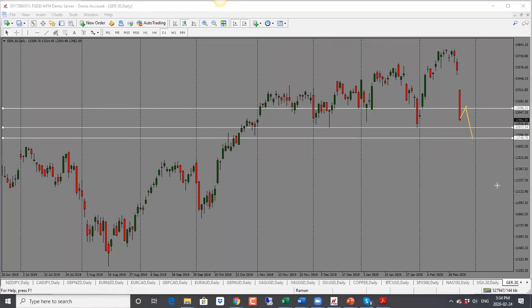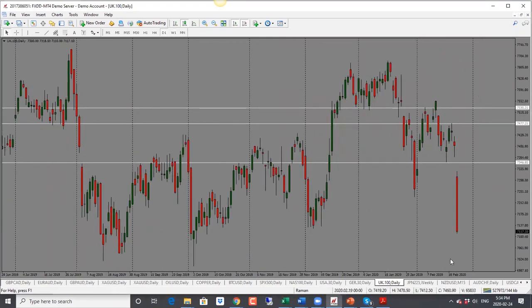So this is the move I would expect. Same thing here, if it goes through this 13,000 level, then chances are it will fill this gap here. So for now, bias is bearish with caution again. Target is 12,880 and then 12,750.